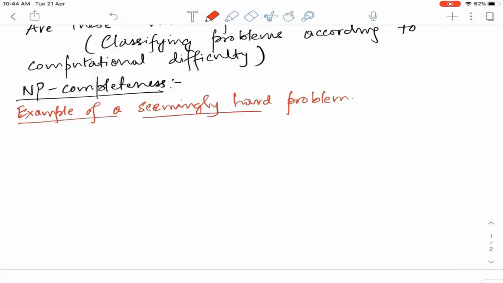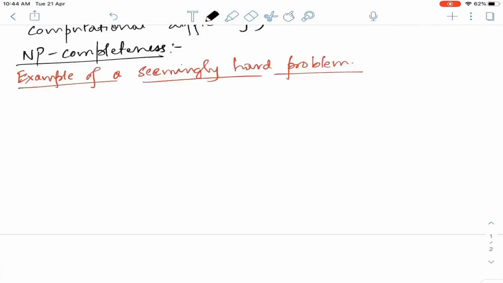I'm sure all of you have heard about this. Probably one of the super hit problems of computer science, which is the traveling salesperson problem.